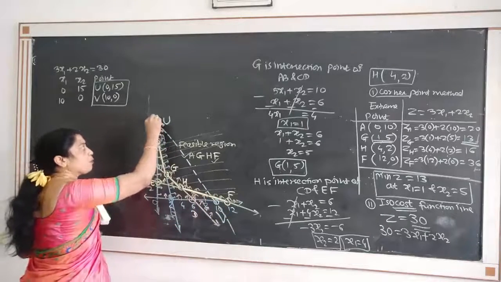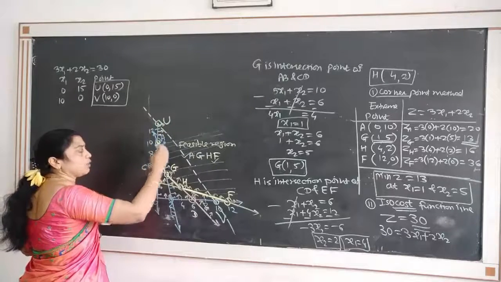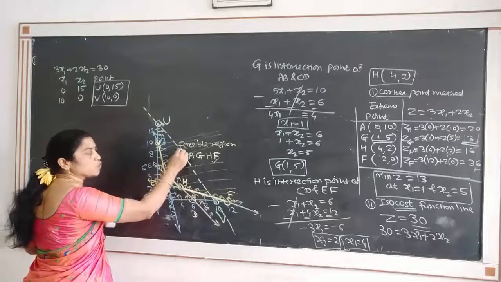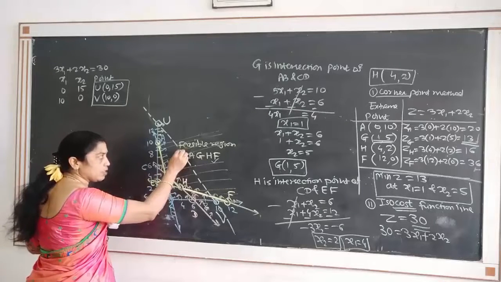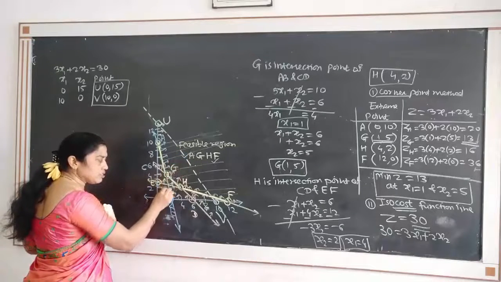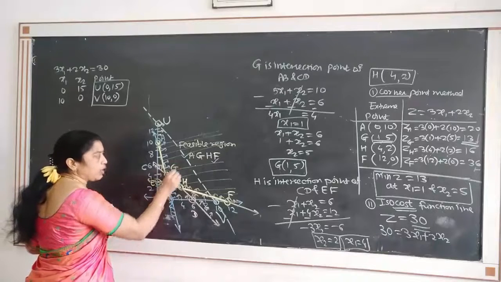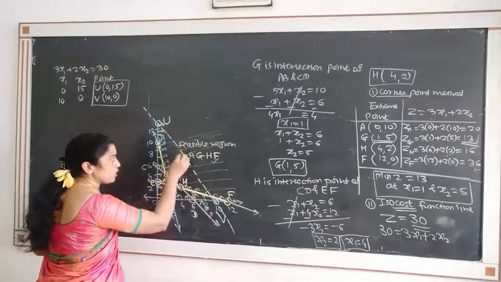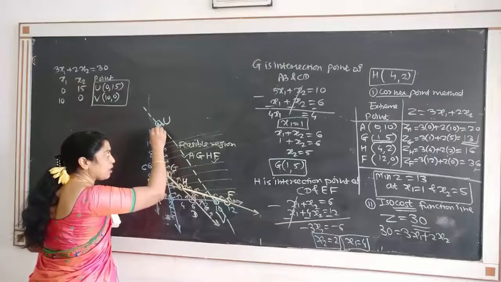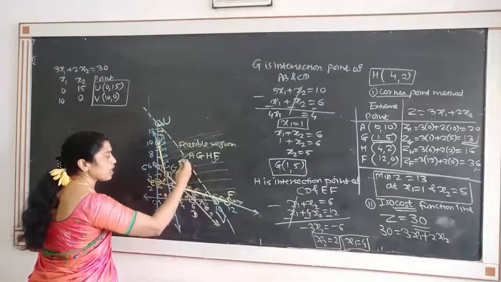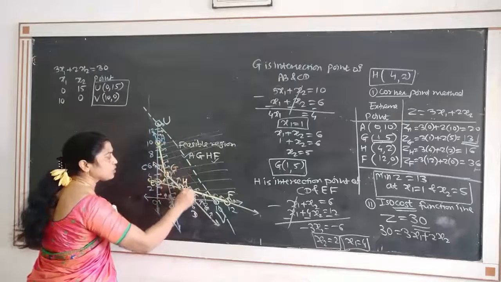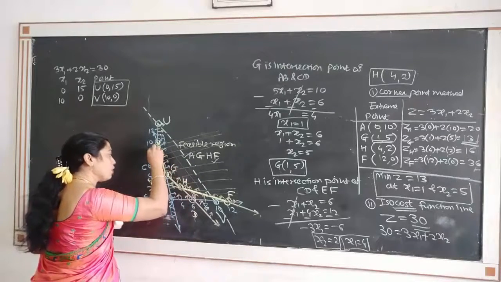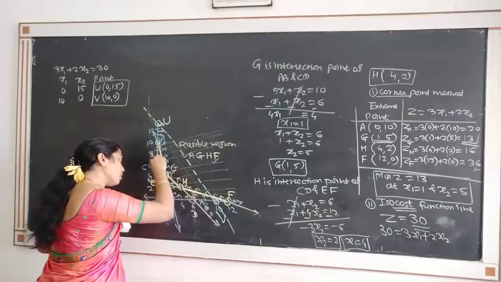Now because the problem is minimization, the decreasing value of z occurs in this direction. So we move this line parallel in this direction so that it passes through the extreme corner point. So see, if you move this line parallel like this, and go on drawing the lines parallel to this line, you will lastly come here.